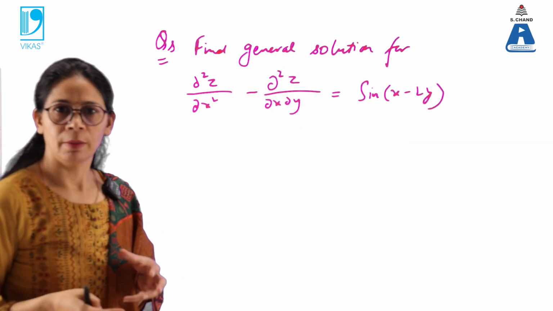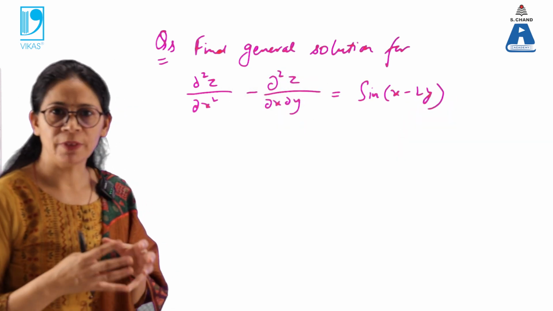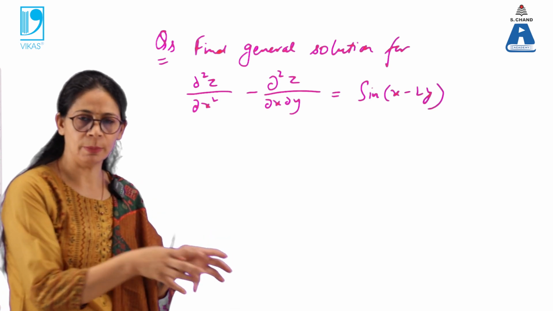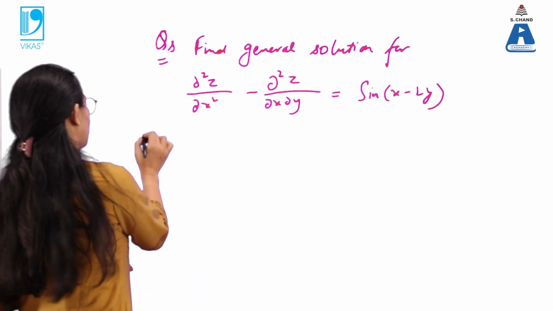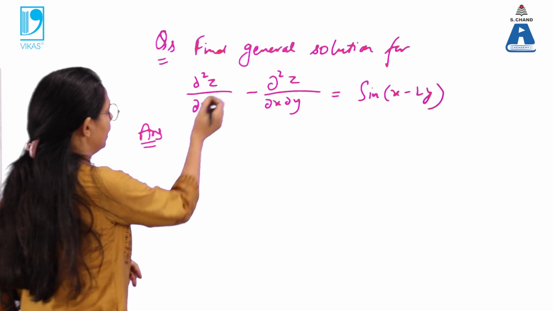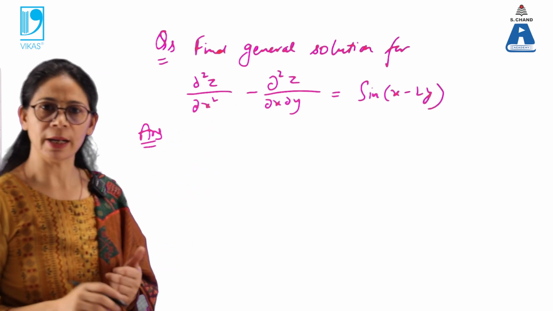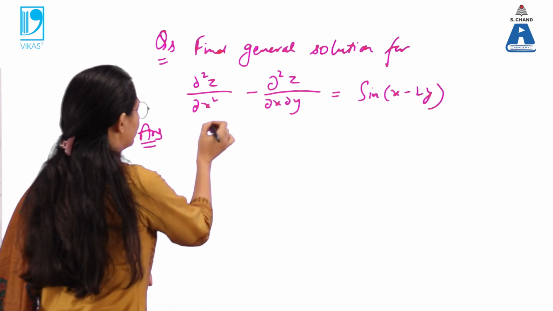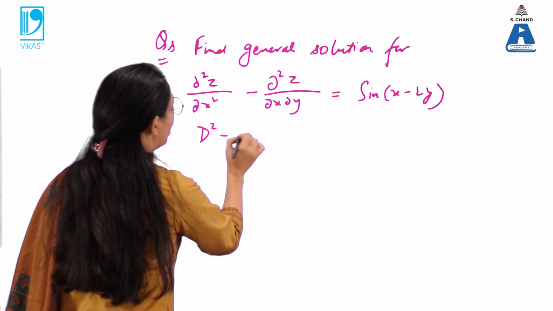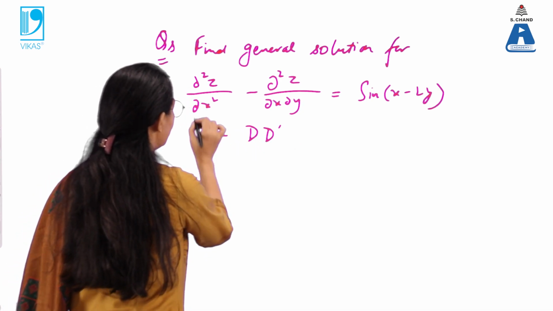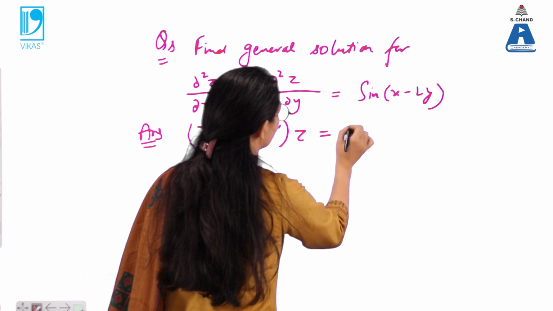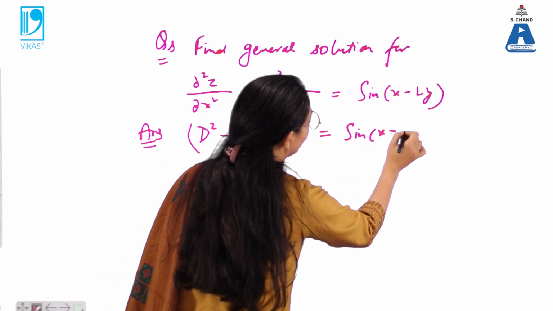As I'm mentioning again and again, we should be very clear about our independent variables and our unknown function. In this question, our unknown function is z and our independent variables are x and y. So this can be written as (D squared minus D dash) z is equal to sine of (x minus 2y).